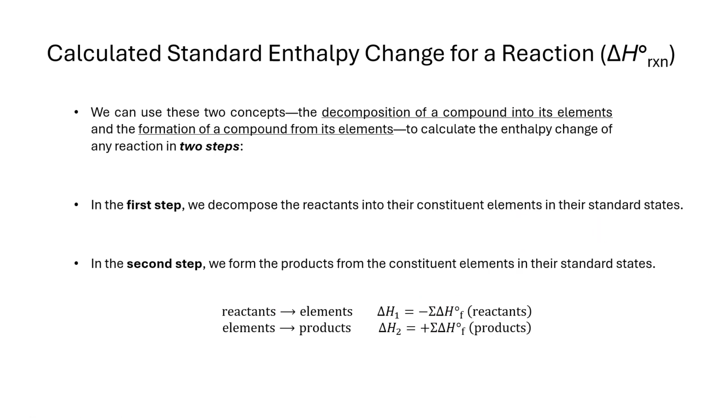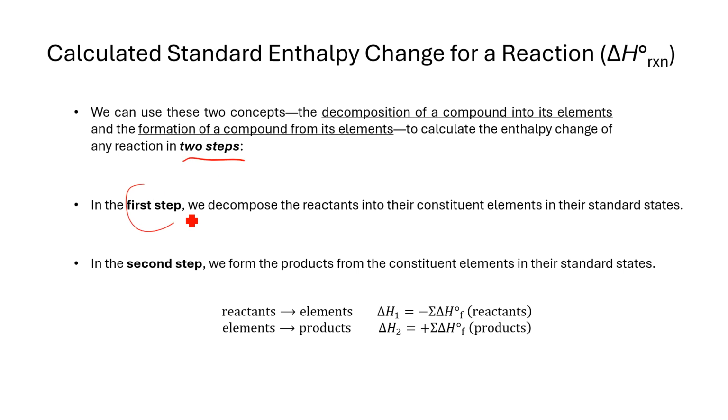So we can use those two concepts that we just talked about, forming a compound from its elements, and decomposing a compound into its constituent elements. We can use those concepts to calculate the enthalpy change for a reaction. And we're going to use two steps.